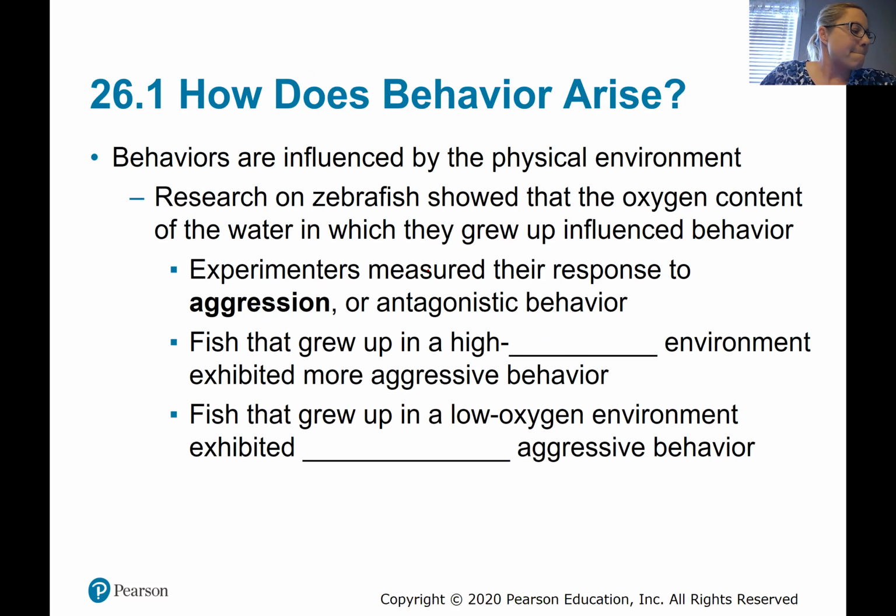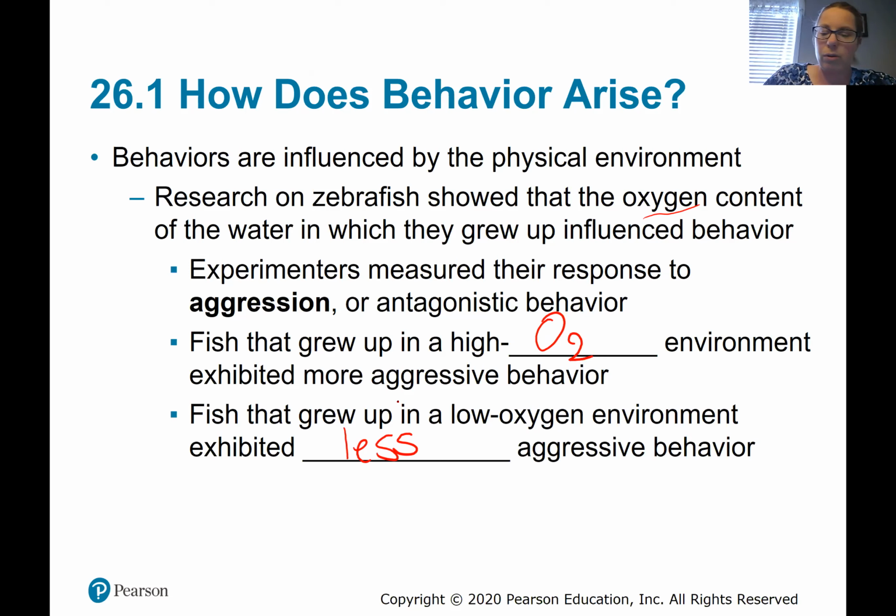Looking at another research study on how the environment affects behavior, zebrafish were raised in different waters with different oxygen contents, and they were looking at aggressive behavior. Fish that grew up in high oxygen environments seemed to be more aggressive than those raised in low oxygen environments.